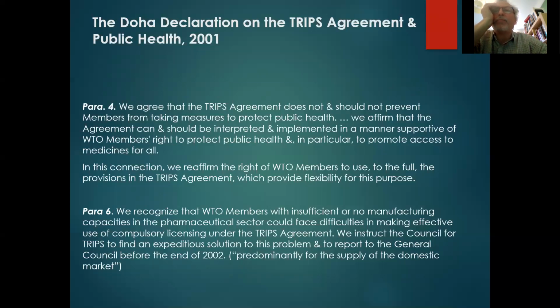And of course, compulsory licensing must be for the manufacture of medicine in your own country. But if no one in your own country can make it, they can't take advantage of compulsory licensing.